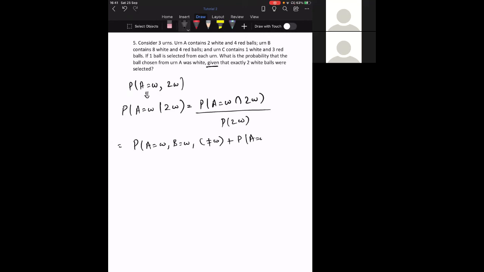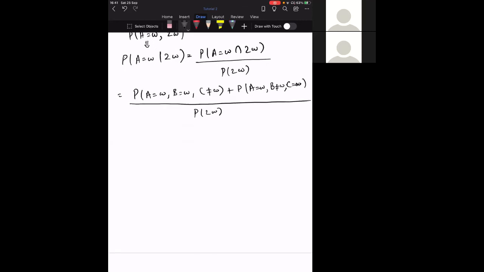Or A is white, B is not white, and C is white. All of this is divided by the probability of getting 2 whites.